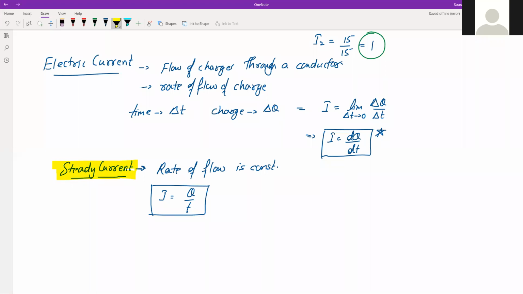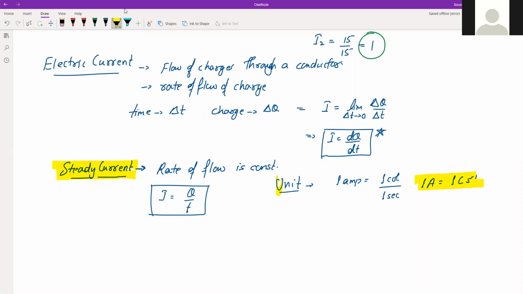Coming to its unit, I think all of us know, it is 1 ampere, which equals 1 coulomb of charge per unit of time, that is 1 second. So 1 ampere is actually equal to 1 coulomb per second.